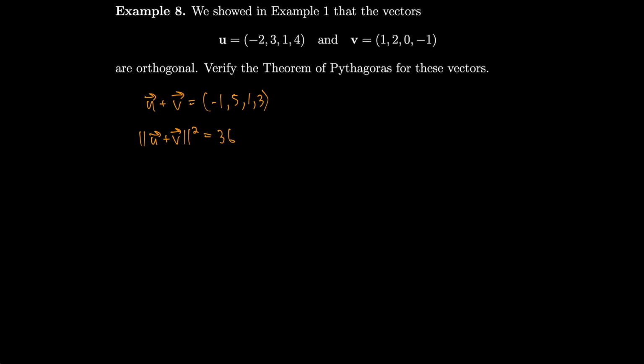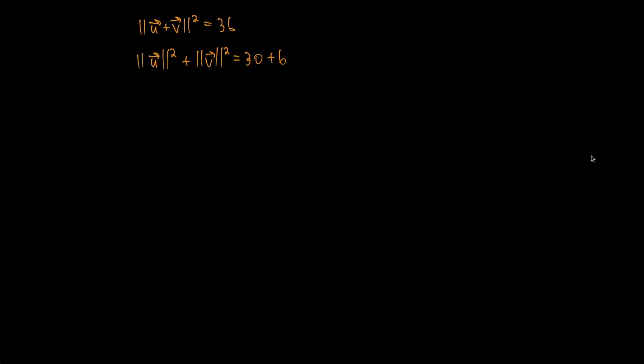So that's 36. You can work it out. The length of u squared plus the length of v squared is 30 plus 6. So yeah, the theorem of Pythagoras applies. The length of u plus v squared is the length of u squared plus the length of v squared.